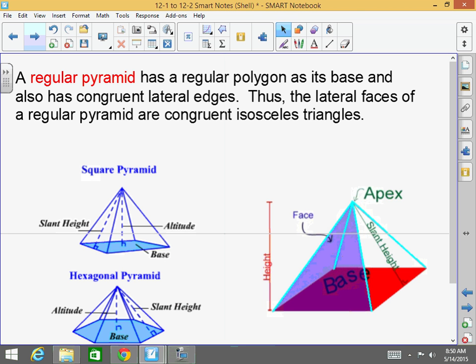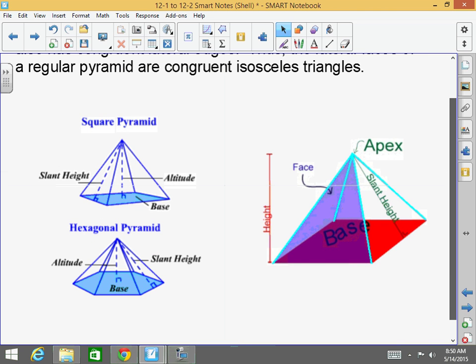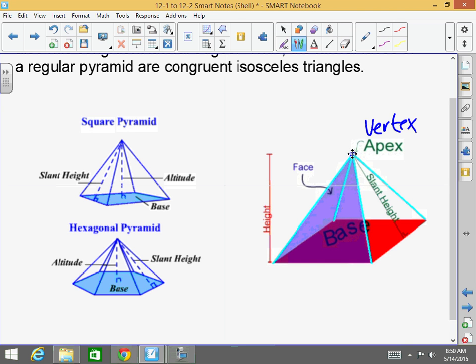When we look at a pyramid here, guys, there's a few things that I need you to really understand because the formula is a little bit more detailed than the formula for the surface area of a prism. A pyramid has what's called an apex or a vertex.